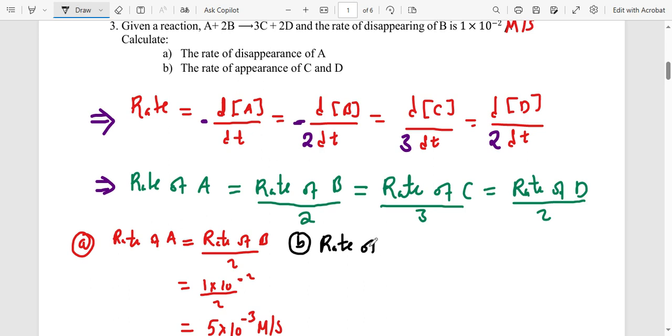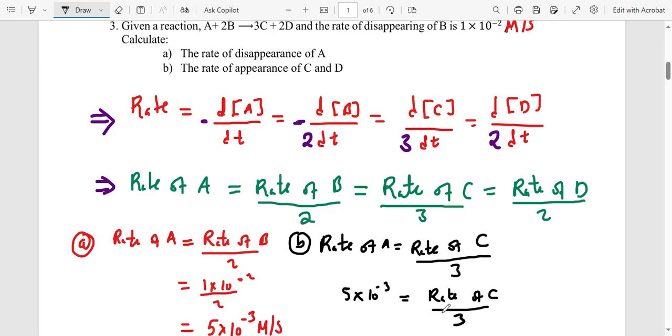So we'll say the rate of A is equal to the rate of C. But remember C is divided by what? By 3. What is the rate of A? We've just calculated that: 5 times 10 to the power negative 3. And that will be equal to the rate of C over 3.